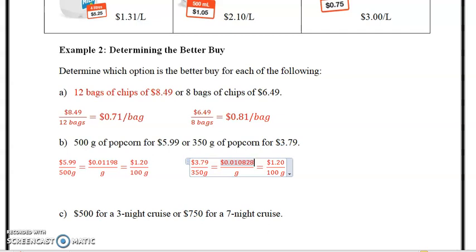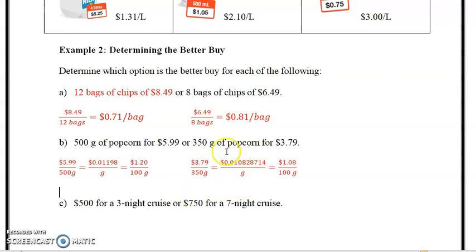Unless you wrote all the numbers out, normally when you're dealing with something so small, they'll just multiply both by 100, and you get $1.08. So the better buy is, in this case, the smaller amount, which doesn't happen too often, but again, there could be a number of different reasons for that.